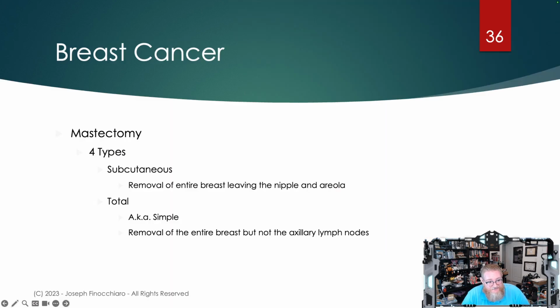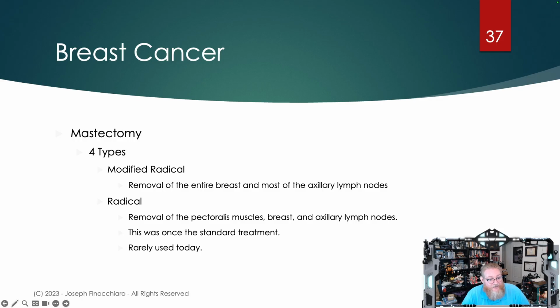So the types of mastectomy are subcutaneous, which is the removal of entire breast leaving the nipple and the areola. A total or simple mastectomy, which is the removal of the entire breast but not the axillary lymph nodes. You have a modified radical, which is the removal of the entire breast and most of the axillary lymph nodes. And finally, a radical, which is the removal of the pectoralis muscles, breast, and axillary lymph nodes.